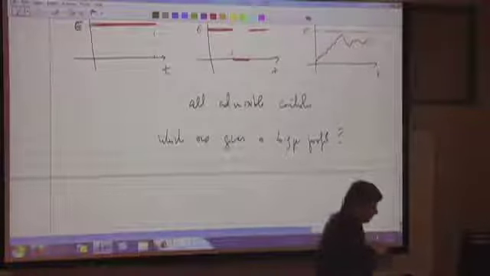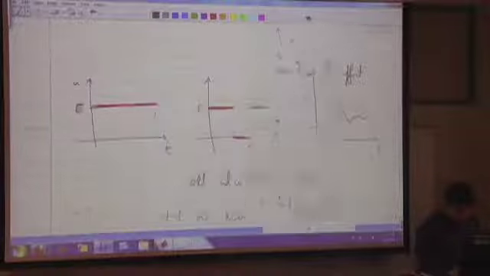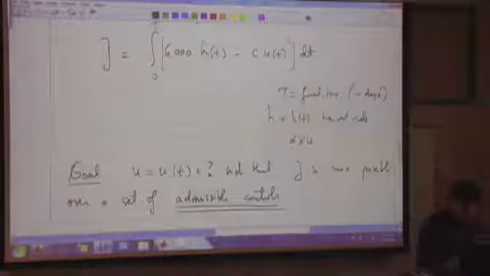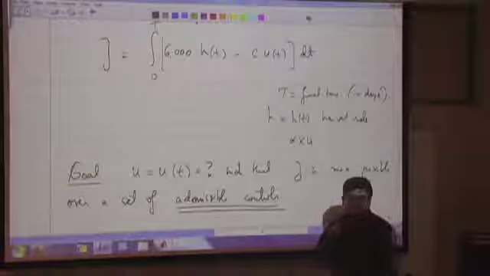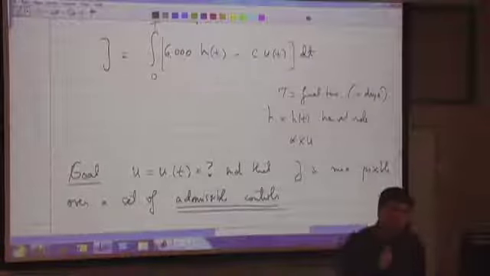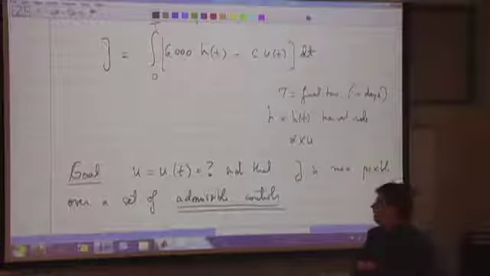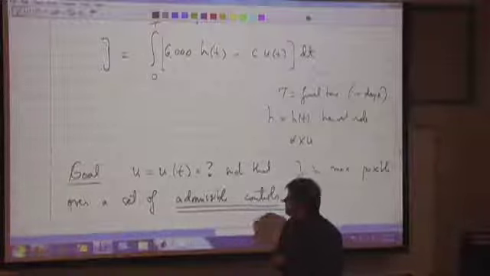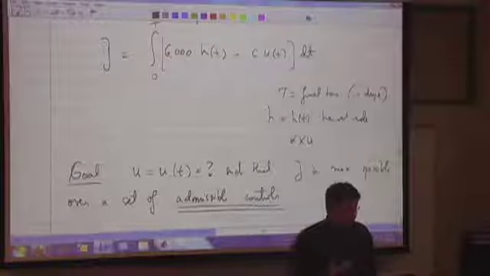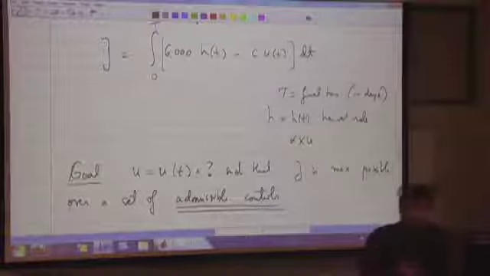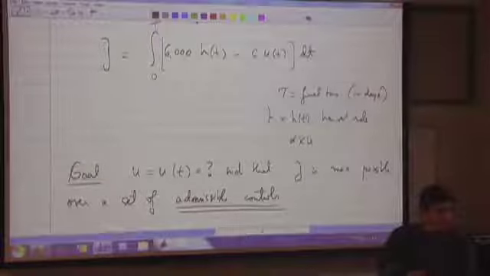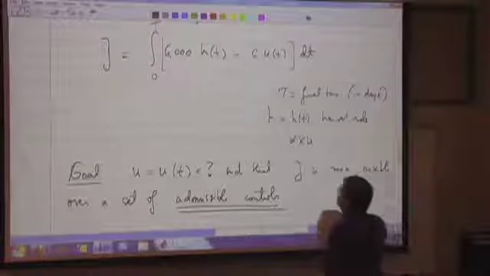And for this particular problem, imagine that somebody tells you which control should be applied to get the maximum profit. Then can you find the maximum profit?